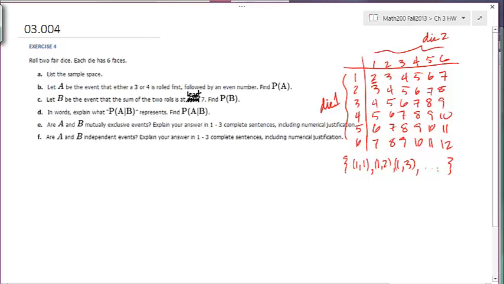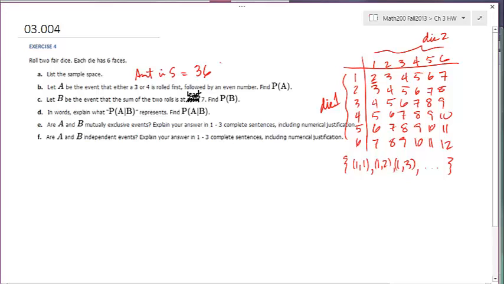That's the whole sample space. More importantly, the amount in the sample space: there are 6 in one row and 6 in the columns, so this is a 6 by 6. We'll have a total of 36 possibilities. So that's our sample space.